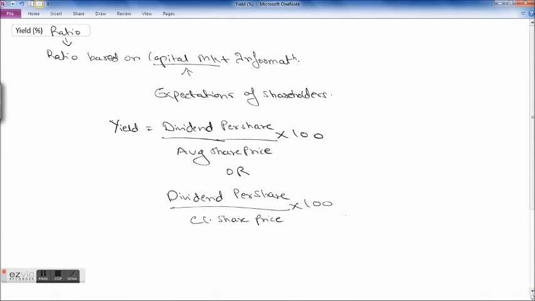Okay, so closing share price is the price as on the date on which we are calculating the yield. Now we will see an example and calculate the yield.